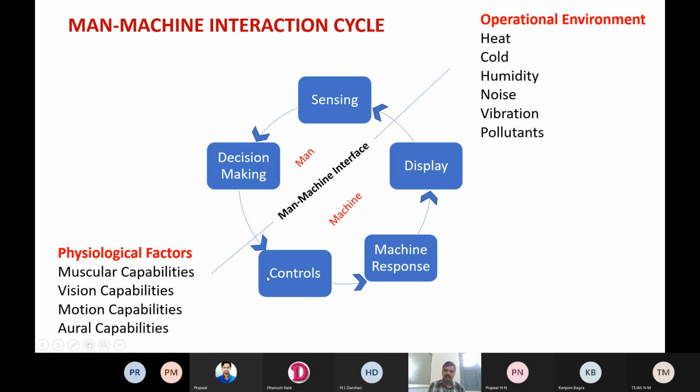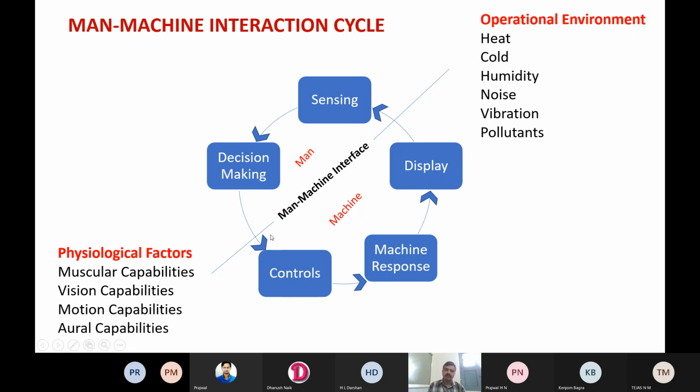So you are communicating with the machine with the help of controls. At the same time, the machine is communicating with man with the help of display. That is the difference between display and control. Display is used for communication from machine to man, whereas controls are used for communication from man to machine.